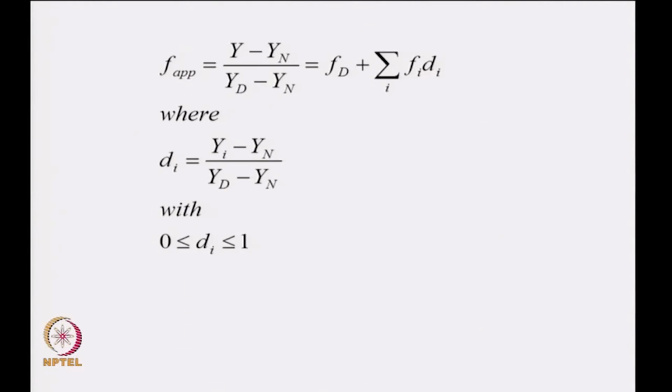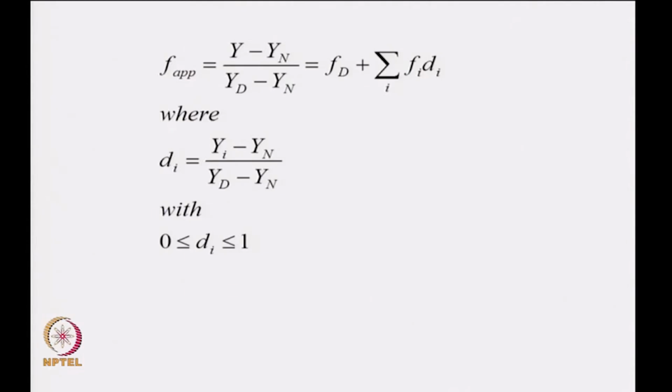So, f apparent, the expression still remains the same, but what has changed is, you can see it is f_D plus sigma f_I d_I, okay, where d_I is given by y_I minus y_N over y_D minus y_N. Now, the significance of y_I is the corresponding signal of the ith intermediate, and y_I minus y_N signifies how much you have moved out from the native state, right, and y_D minus y_N is always the absolute value.